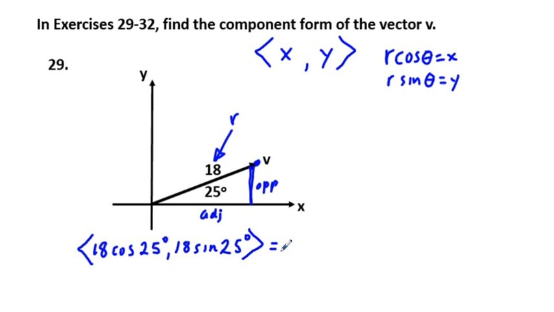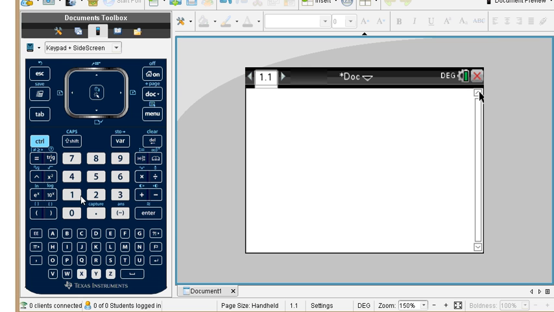Now, in the book, they're looking for a numerical answer, and so that's going to be roughly equivalent to what I'm going to calculate now using a TI Inspire CX calculator. And so we have, now make sure our calculator is in degrees. We see it at the upper right corner.